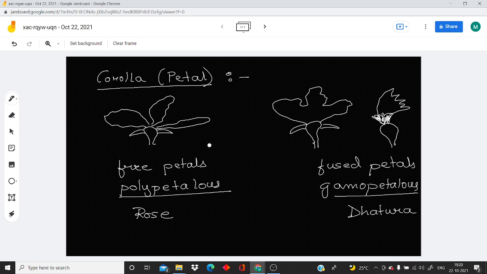Now that we have studied sepal and petal, what is their arrangement on the thalamus? Based on that also, there is one more topic. Okay? So I am clearing this frame.